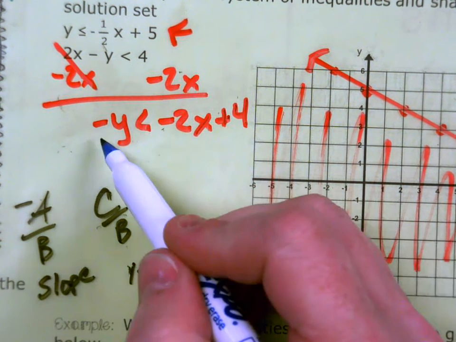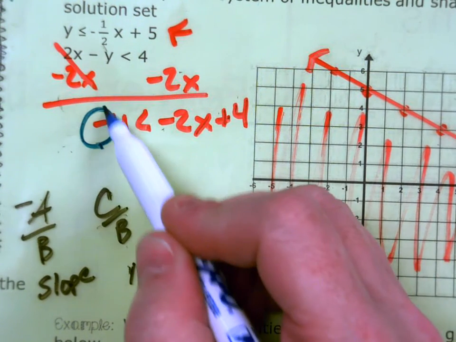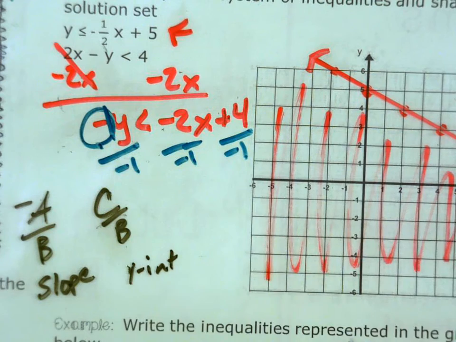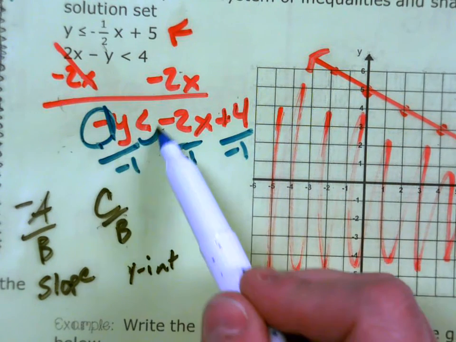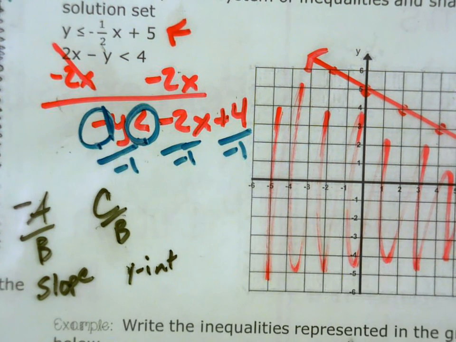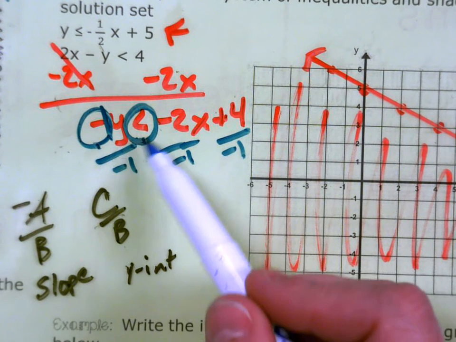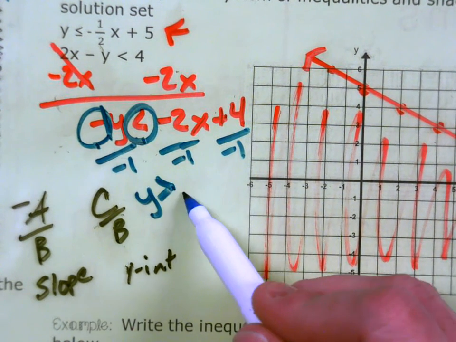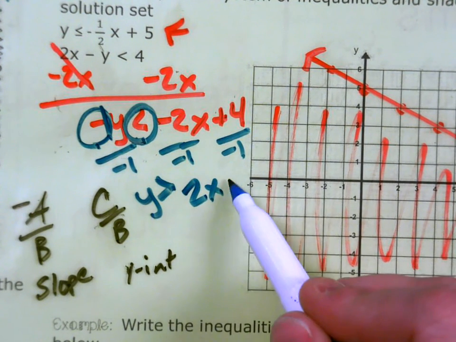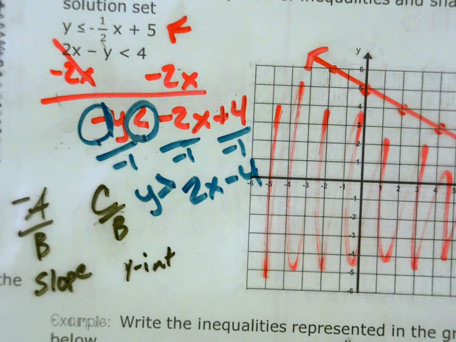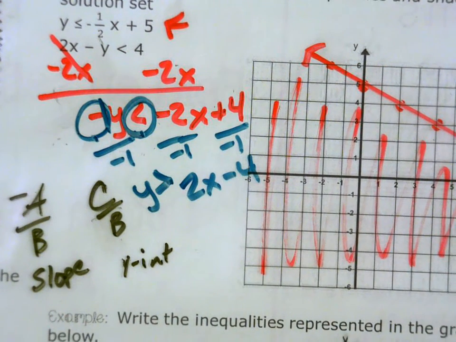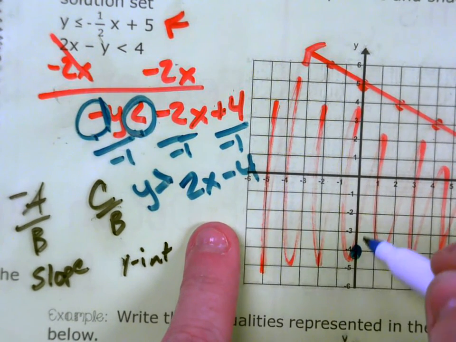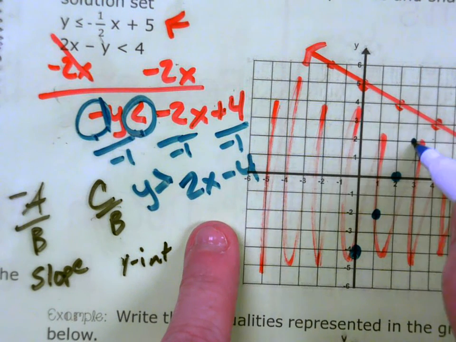And then we've got a negative 1 in front of the y, so we've got to divide by a negative 1 for everything. Because I'm dividing by a negative, this sign has to be flipped. So at this point, I circle it so that I'll remember to rewrite it the other way when I am writing my answer. So now I can graph it, down at negative 4, up 2 over 1.